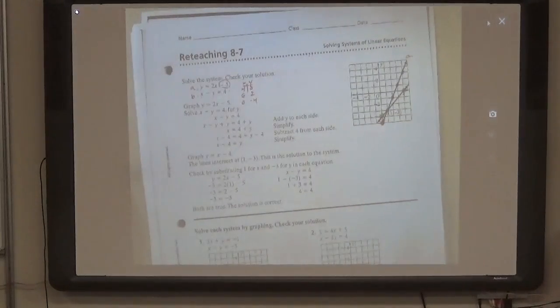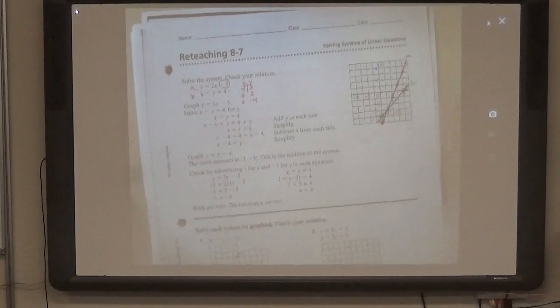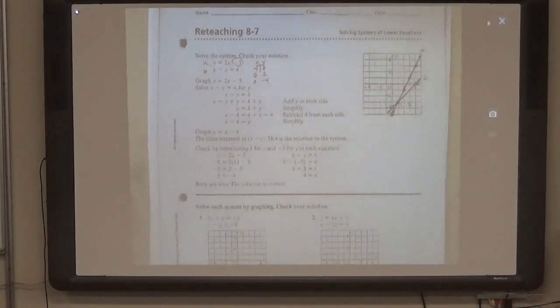Now, these two lines intersect, don't they? Where do they intersect? Amelia, it's written there. On the graph.